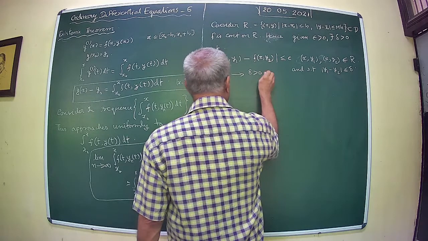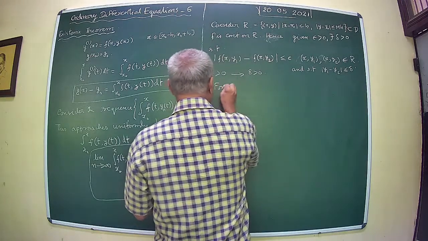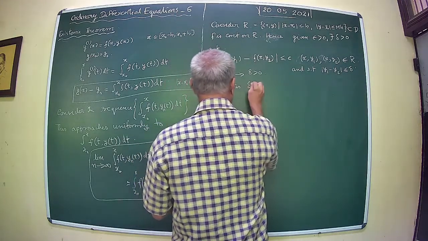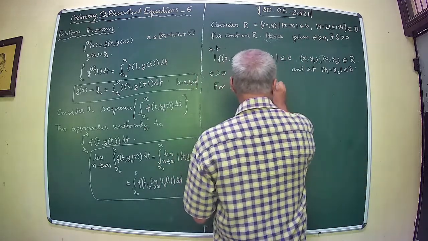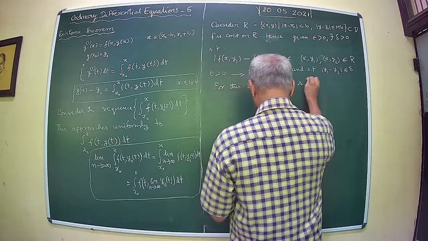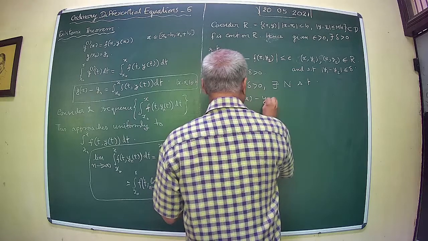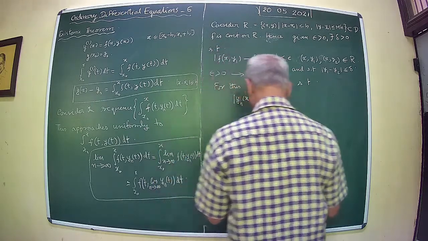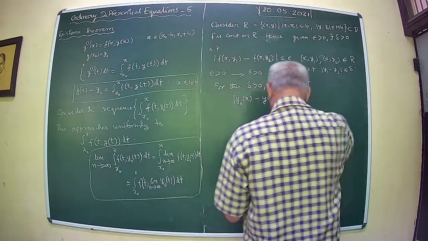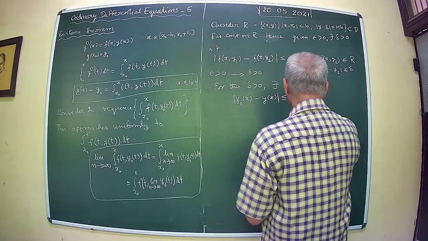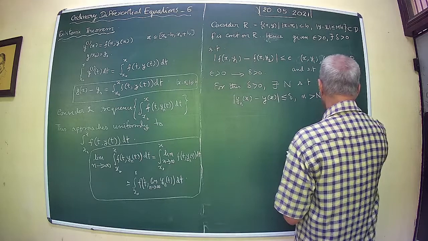Now for this delta positive we do the following. For this delta positive, there exists an N such that |y_n(x) minus y(x)| is less than or equal to delta for n greater than N and |x minus x0| less than or equal to h.